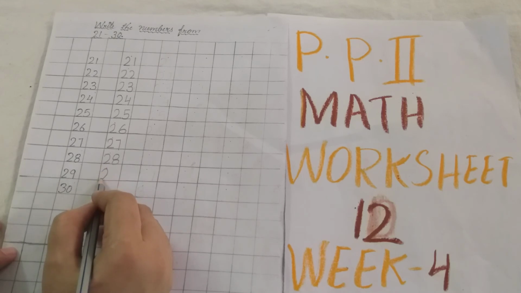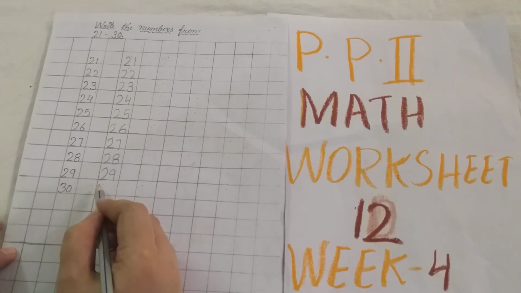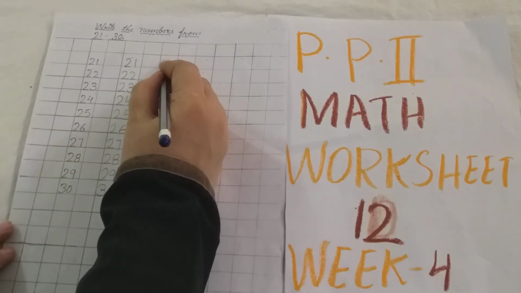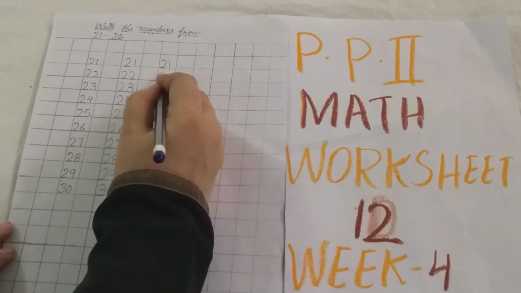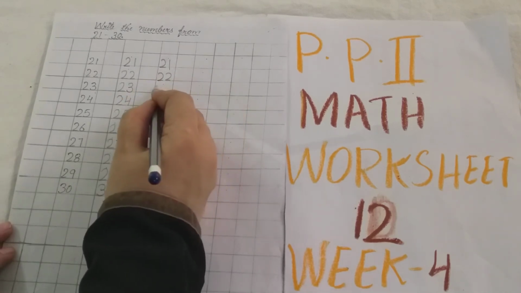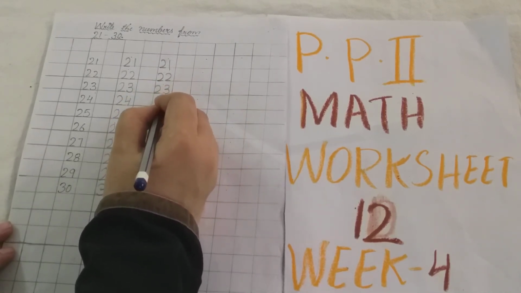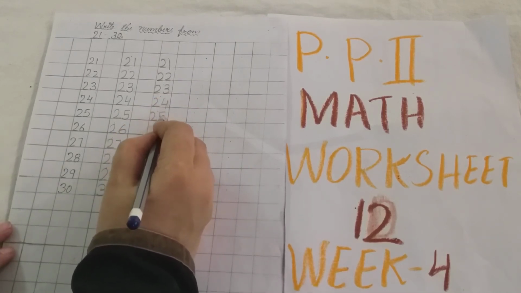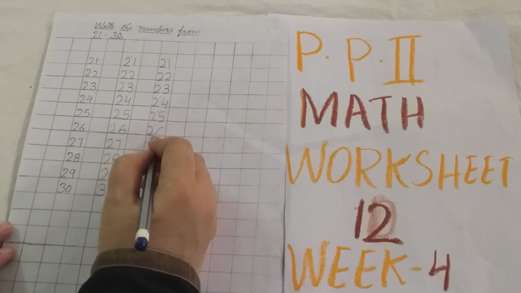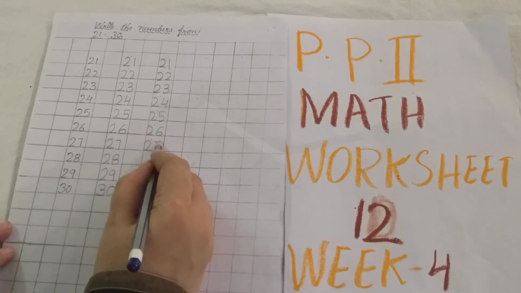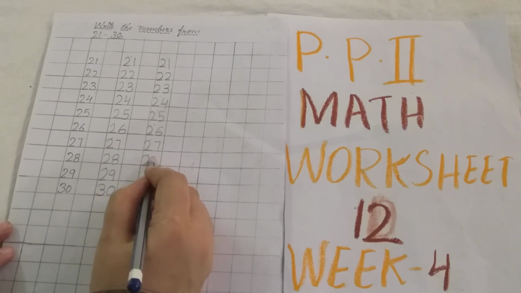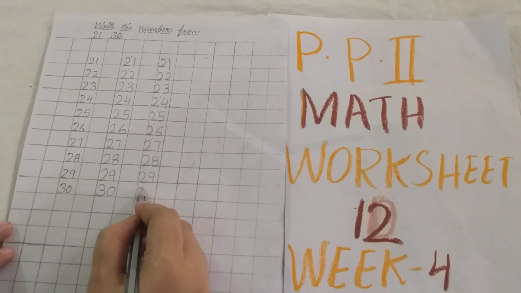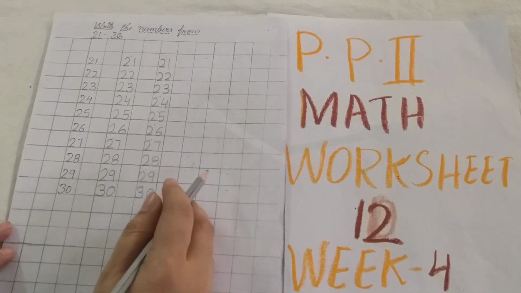Read and write. 2, 9, 29. 3, 0, 30. One more line. 2, 1, 21 up to 3, 0, 30.